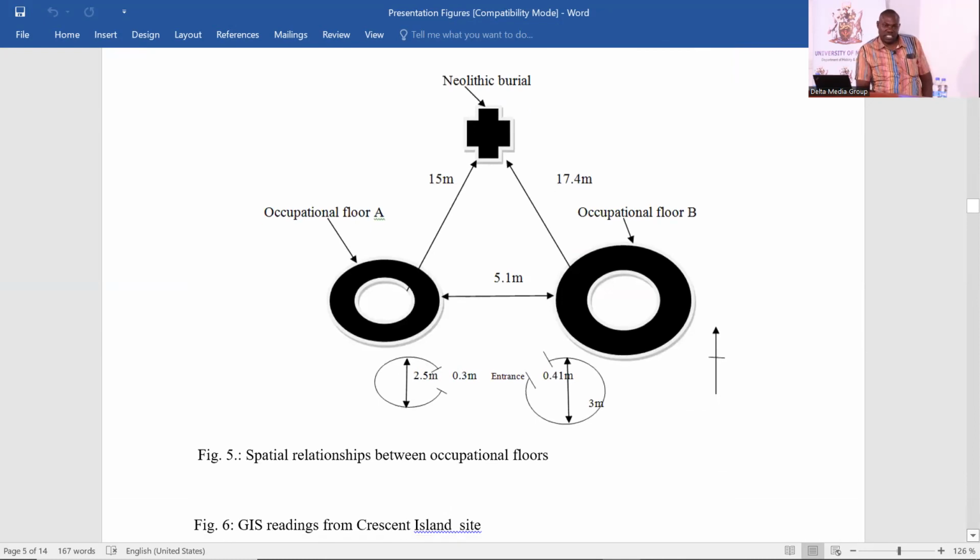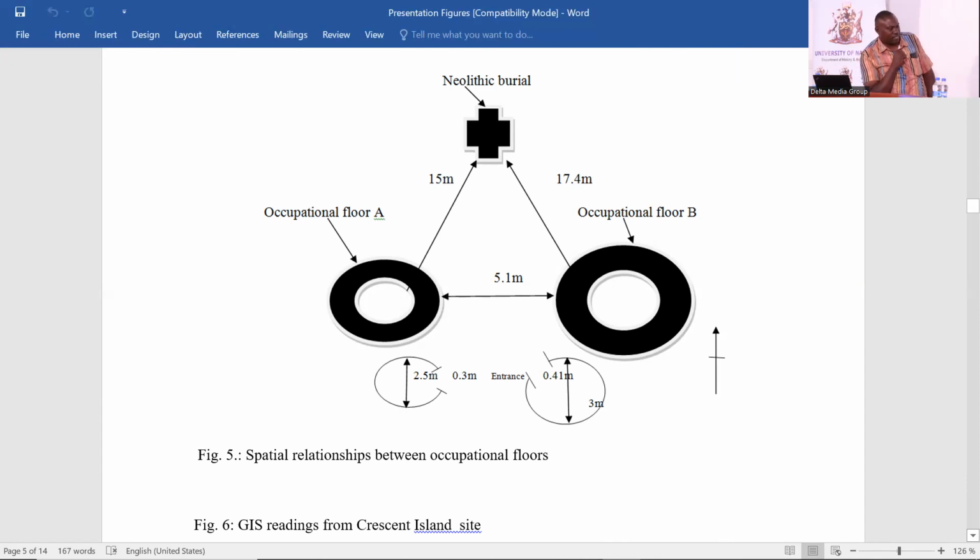This is an illustration of the two occupational floors as they were when I did this research. My interest here was doing measurements and getting the actual distances between these two features, and the distance of the two occupational floors, their dimensions, their size, from this Neolithic cemetery, which is now clearly shown there.